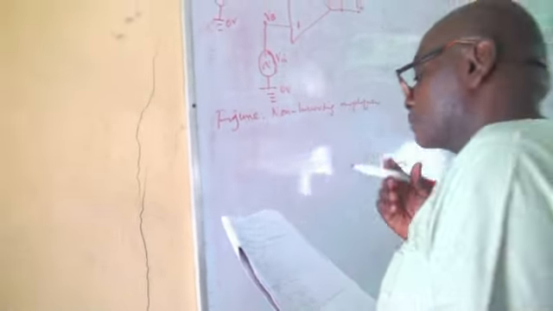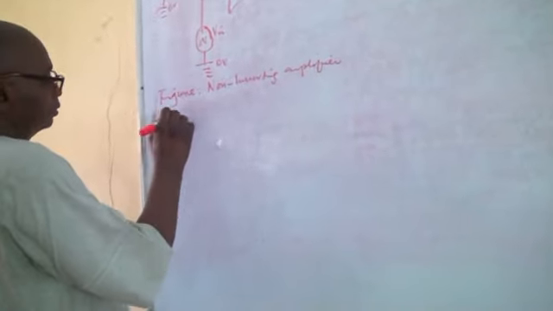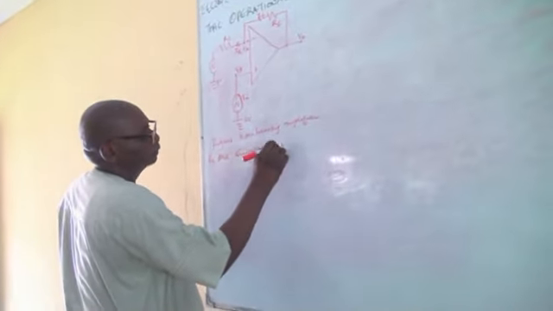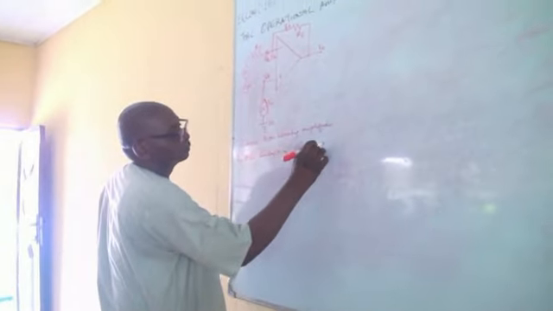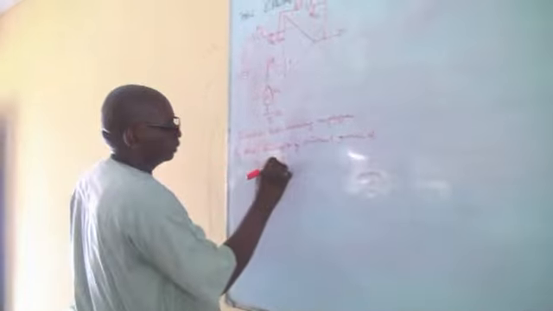So we are going to have something by the concept of virtual ground: VA minus VB equals 0.